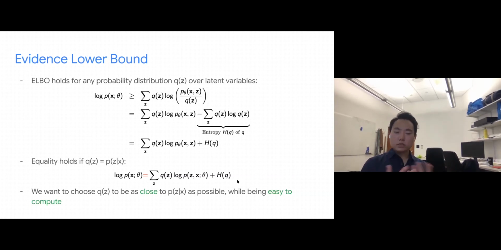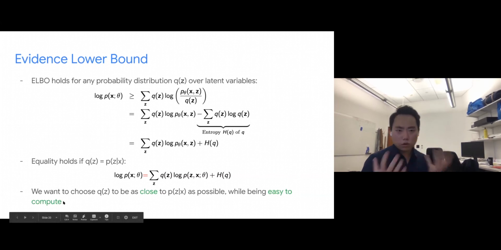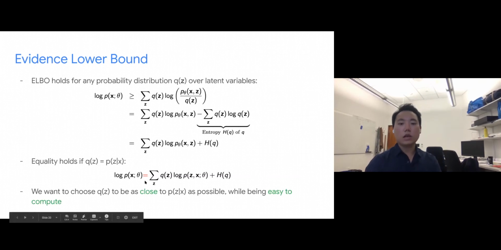But of course, in practice, we know that P of Z given X is really difficult to compute. And we want to choose Q of Z to be as close to P of Z given X as possible while being easy to compute. So in practice, we can never hope to have equality and optimize the data log likelihood exactly.